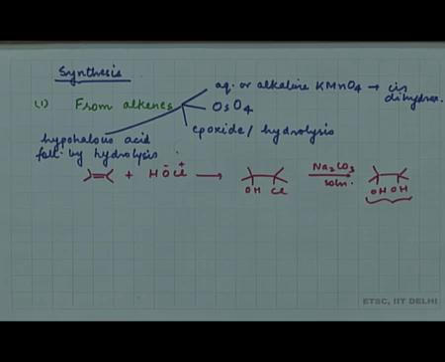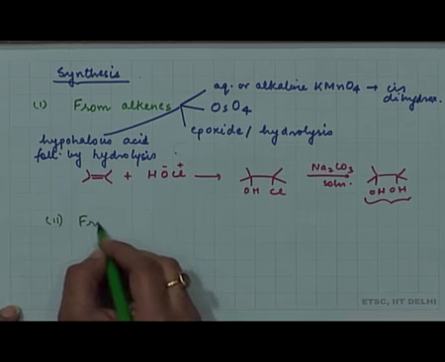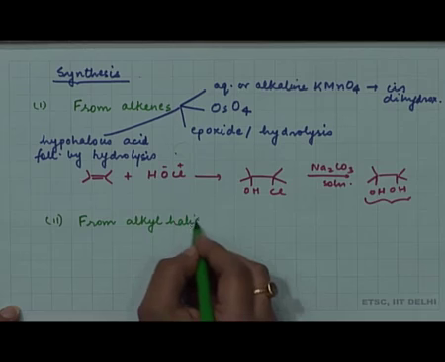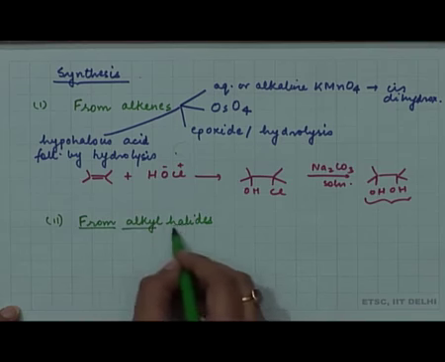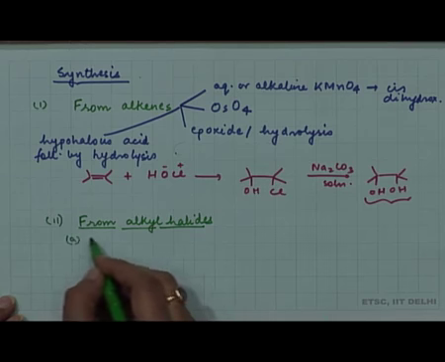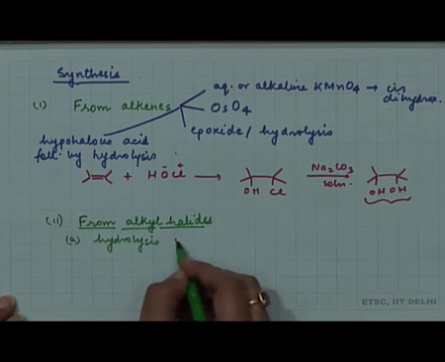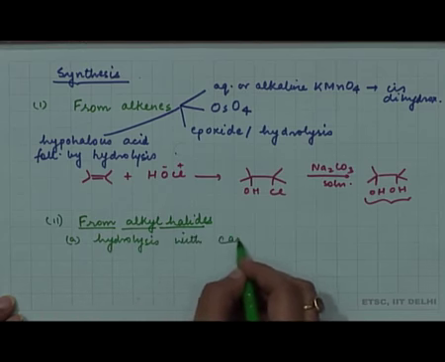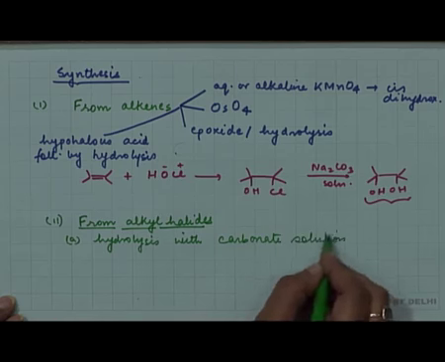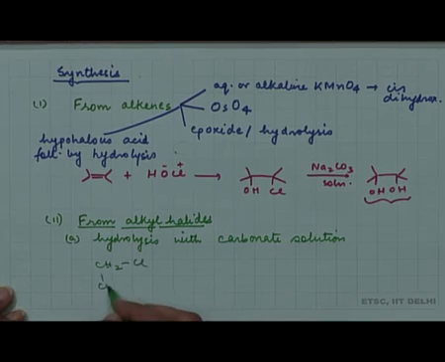So, these were the different methods we discussed for the synthesis of diols starting from alkenes as substrates. The next method for the synthesis of diols is starting from alkyl halides. The conditions employed are simple hydrolysis with sodium carbonate solution, which means you have to have a dihalide to begin with.